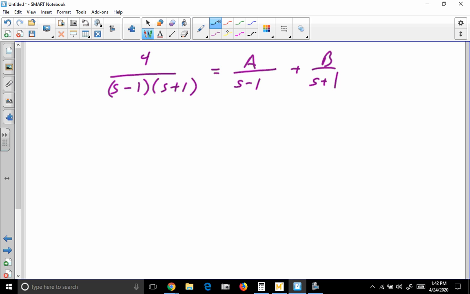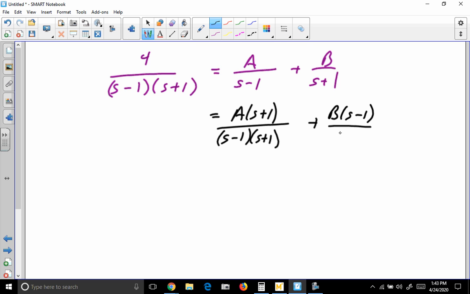And remember the way that works. To find out what our numerators have to be, we reassemble the right side. So the first fraction would have to pick up an s plus 1 on top and bottom. The second fraction, to get the common denominator, would have to pick up an s minus 1 on top and bottom.